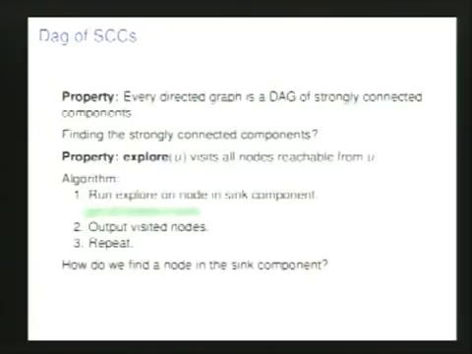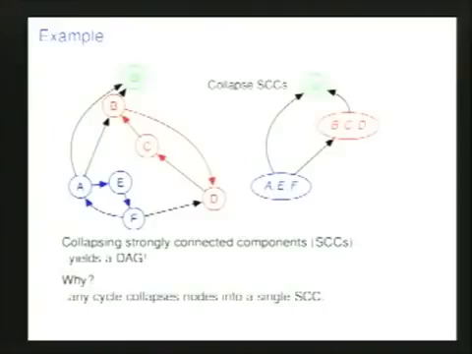Okay. So let's look back here. We're working on this picture, this graph, in our minds. And we say, well, if we just run explore from G, which nodes do we visit? We only visit the nodes in G's component.